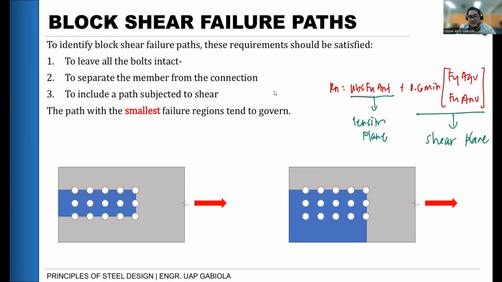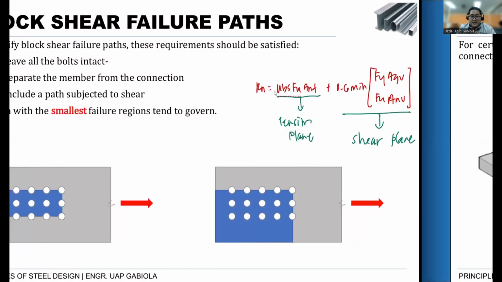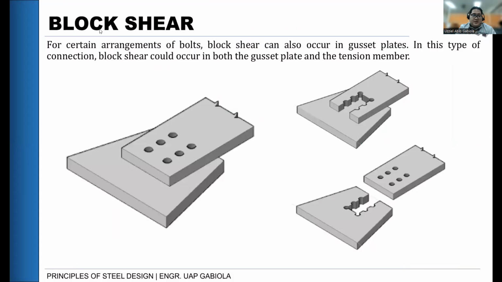capacity natin. Okay? So, another one is for a certain arrangement ng bolts, yung block shear can also occur dun sa plate kung saan natin kinakasa yung mismong tension member natin. So in this type of connection, block shear could occur in both the gusset plate and the tension member. So let's say, ito yung tension member natin, we connect it into a gusset plate.